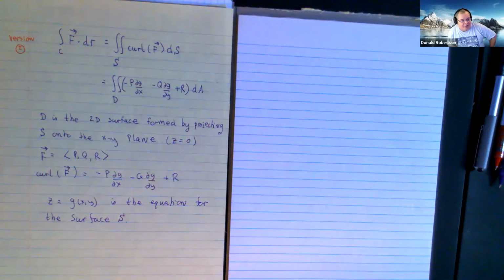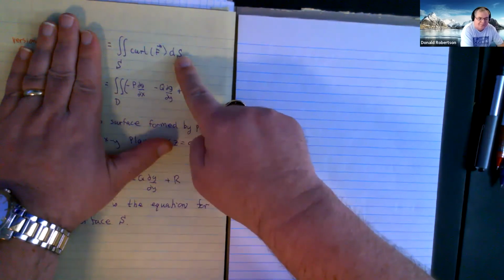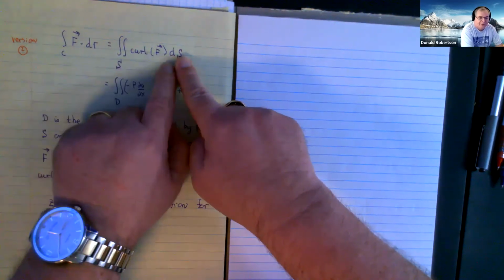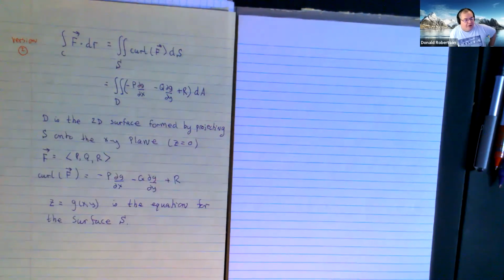Stokes' theorem has two versions. The one that we've just used allows you to get this surface integral, and you convert it into a guy that looks something like this.